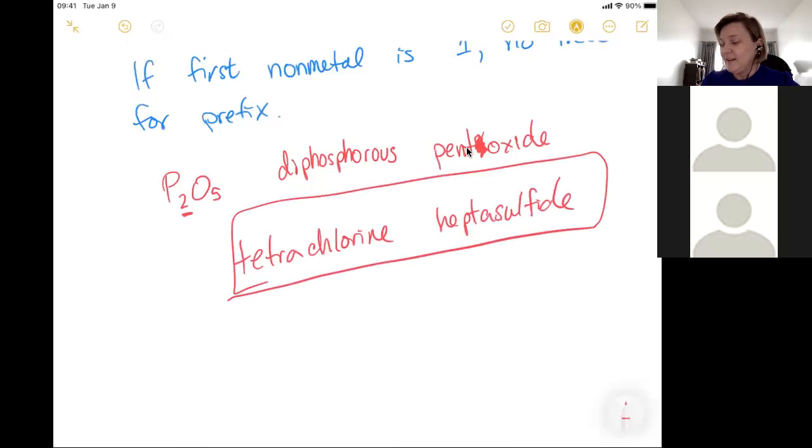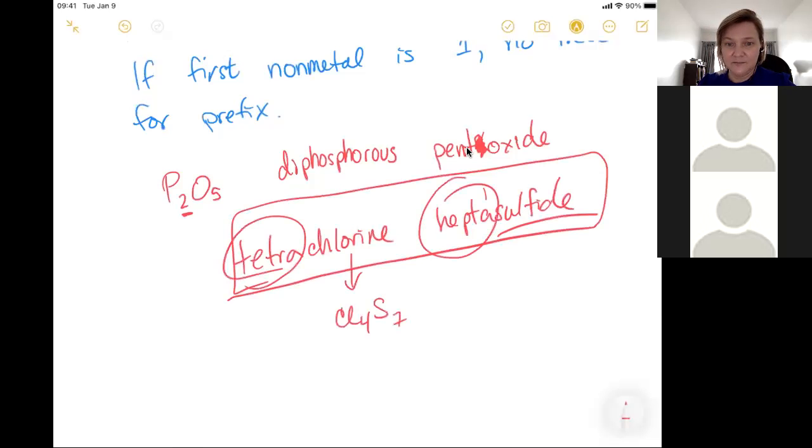I just made it up. But you look at chlorine is Cl. The tetra tells you that chlorine is 4. And then sulfide is S. Hepta means 7. Cl4S7. Not too hard, right? Let me find some practice.